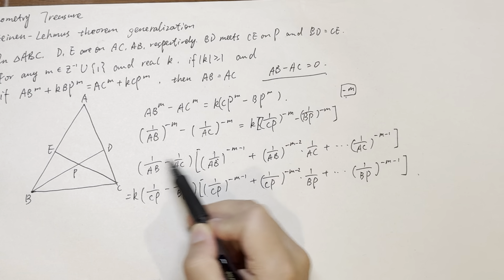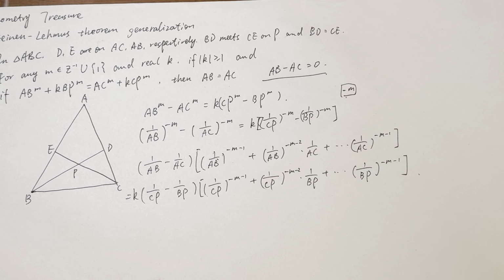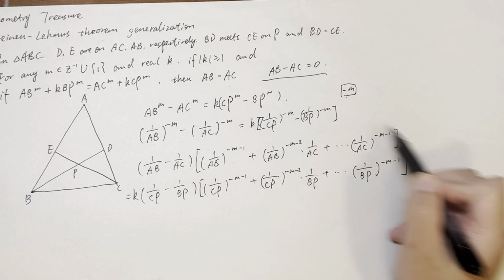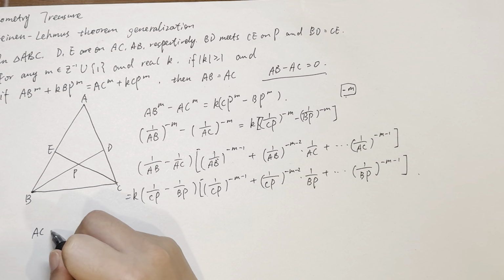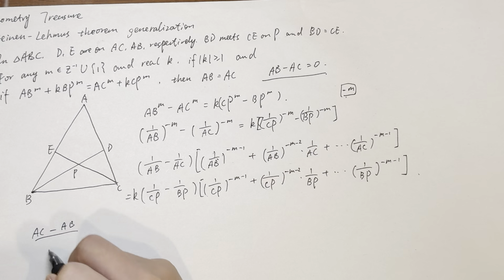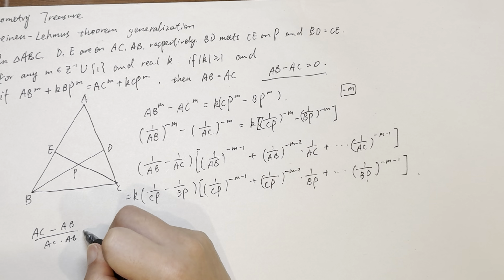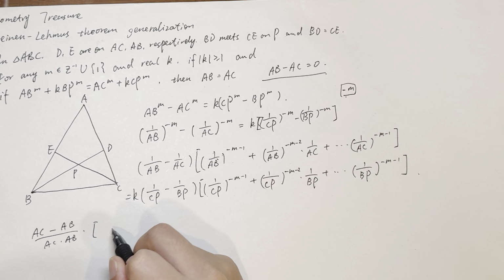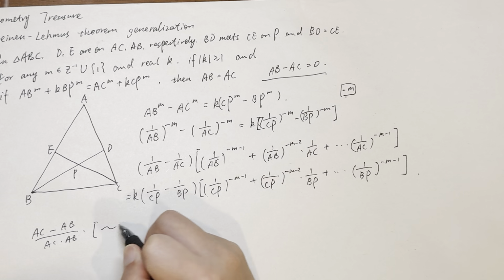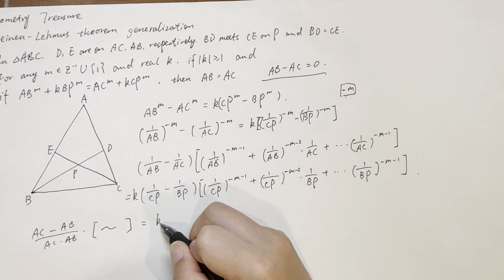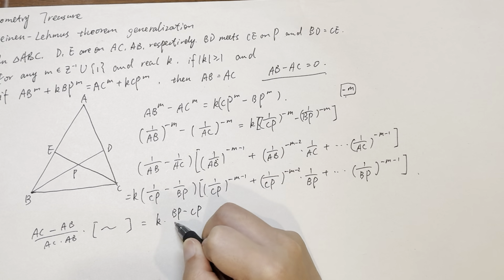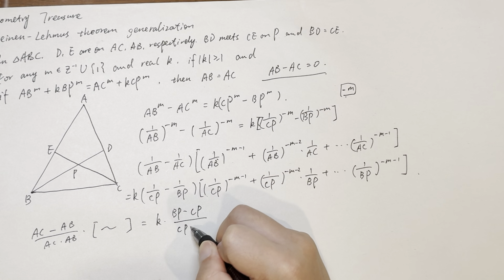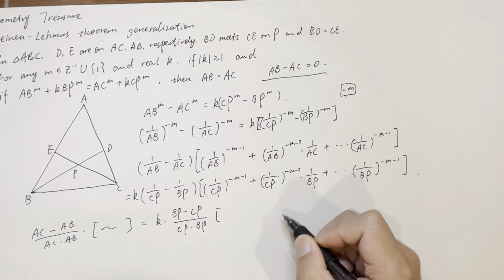And here we got AB minus AC, right? We can rewrite this as AC minus AB over AC times AB, and times the rest part, equals k times BP minus CP divided by CP times BP, times this part.